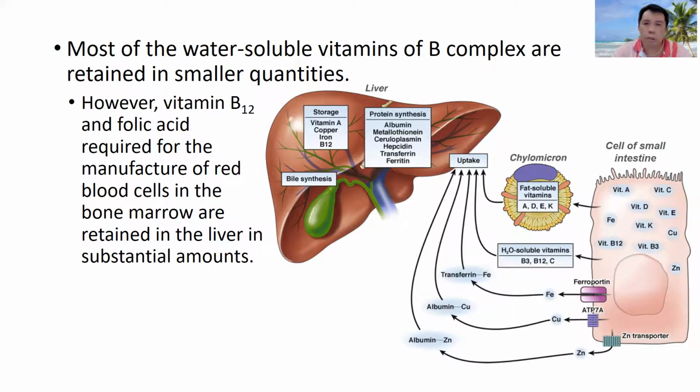Most of the water-soluble vitamin B complex are retained in smaller quantities. However, vitamin B12 and folic acid, required for the manufacture of red blood cells in the bone marrow, are retained in the liver in substantial amounts. So the liver functions more on the storage of fat-soluble vitamins.